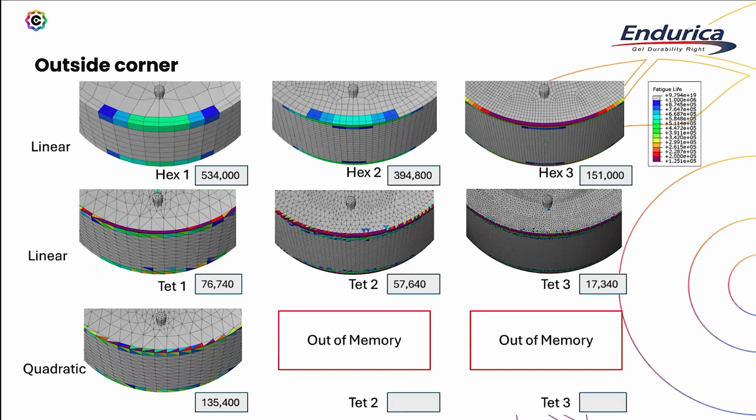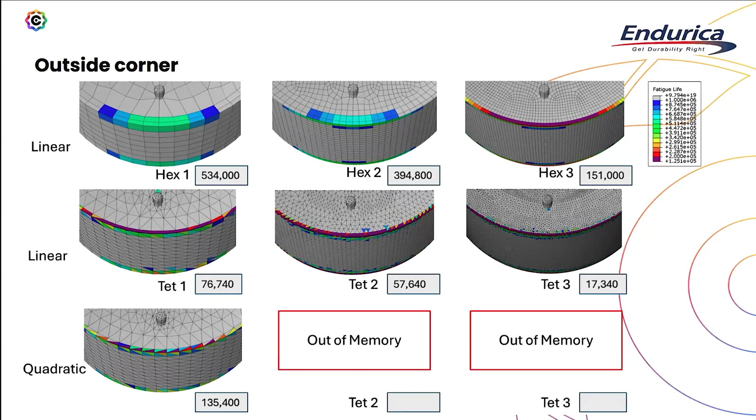I just want to break in and make one comment. If you look at these different features, the cutout, the bonded edge, and the injection port, the bonded edge is a bit of a special case because it has sort of this stress singularity.